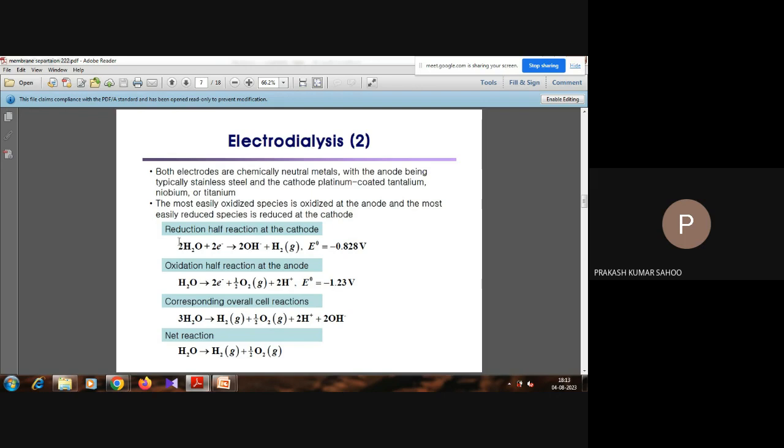Very simple. The reduction happens here, so hydrogen is removed. Oxidation happens here, so oxygen is removed, and here electron is gained. Here loss of electron, and at the end we have the net cell reaction.